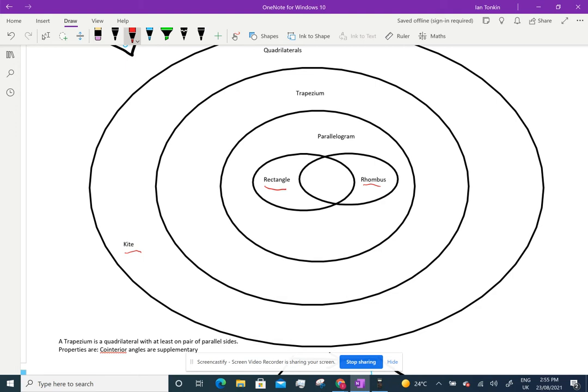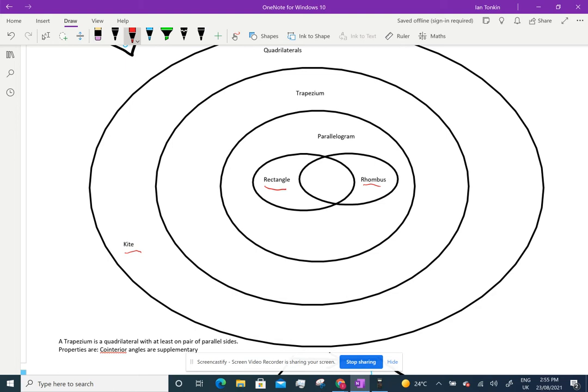In fact, and this is a really cluey bit, if I said draw a quadrilateral and you drew a trapezium, would you be right? Yes, you would. A trapezium is a quadrilateral. And if I said draw a quadrilateral and you drew a rectangle, would you be right? Yes, a rectangle is a quadrilateral. But if I said draw me a trapezium and you drew a parallelogram, would you be right?